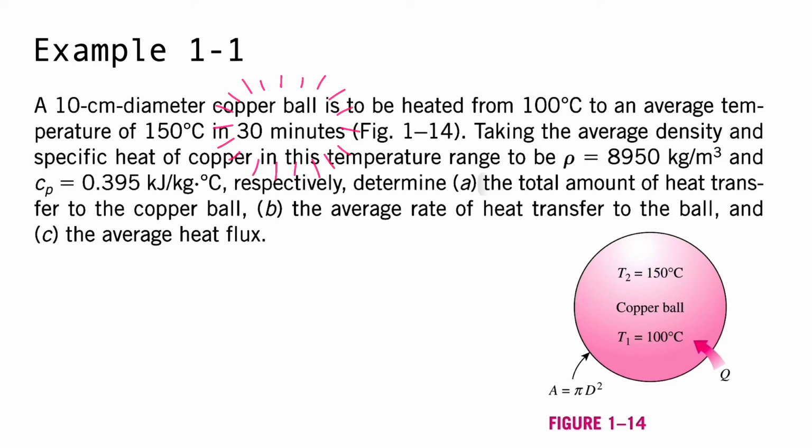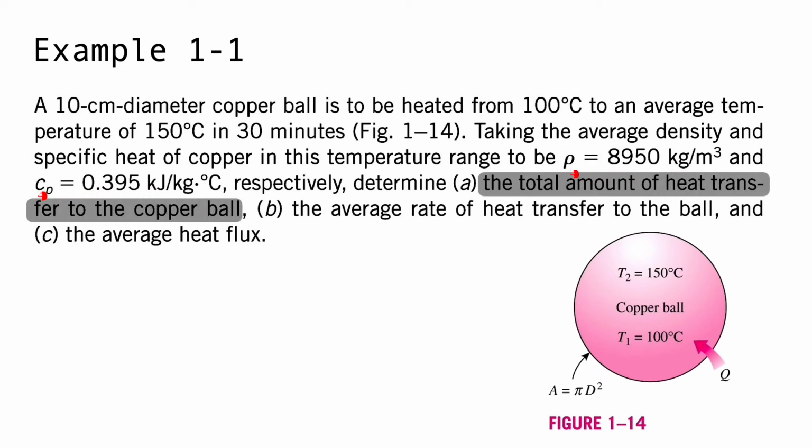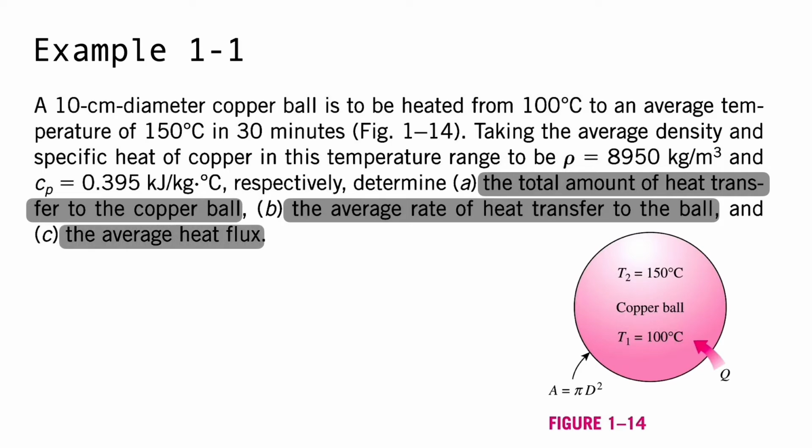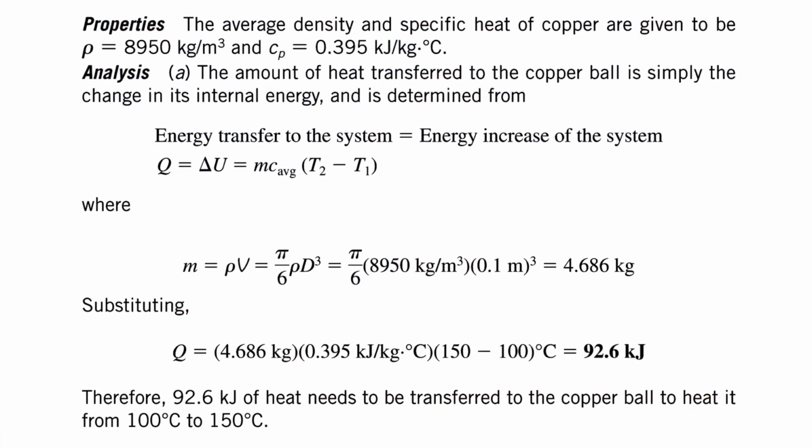The average density and specific heat of copper in this temperature range are given. Based on the situation, determine the total amount of heat transfer to the copper ball, the average rate of heat transfer to the ball, and the average heat flux.